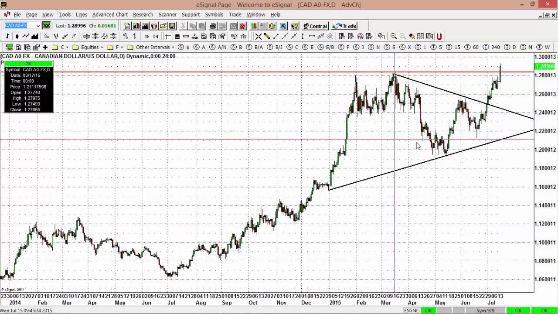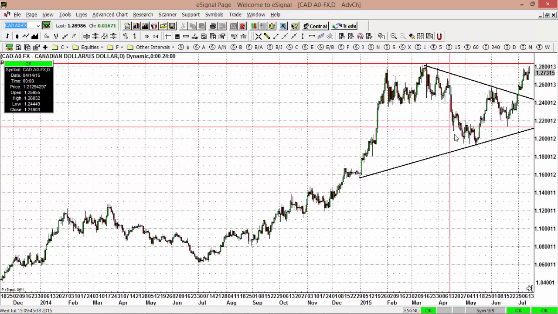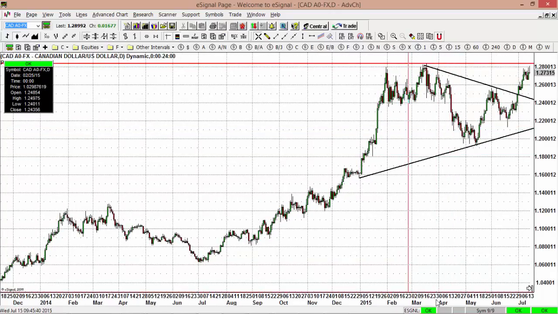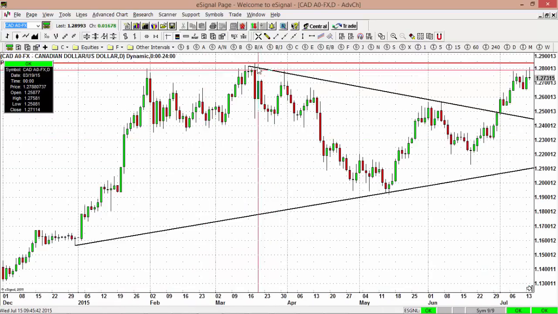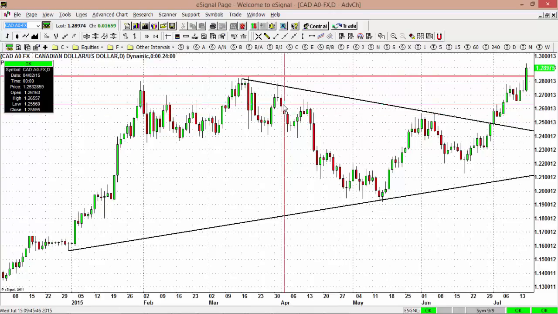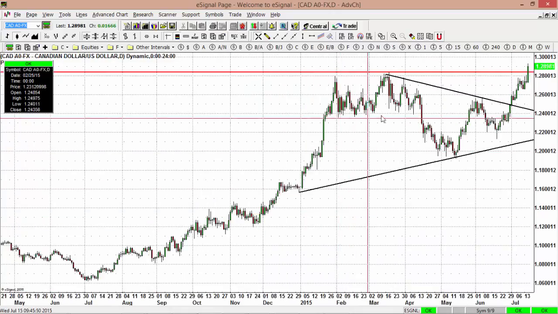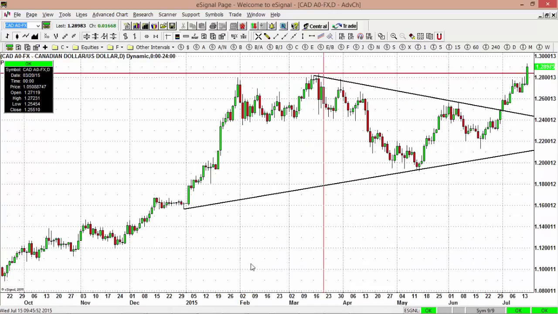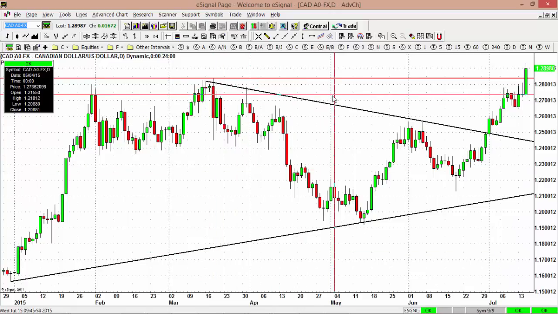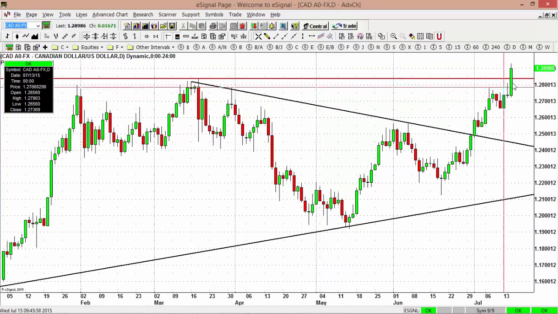The market broke out of a consolidation pattern, and we were having some stalling out at or near the old highs. And this morning, the market is punching above the old high, as you can see by this candle. Now, this high is not broken definitively until this candle has closed above this old high.